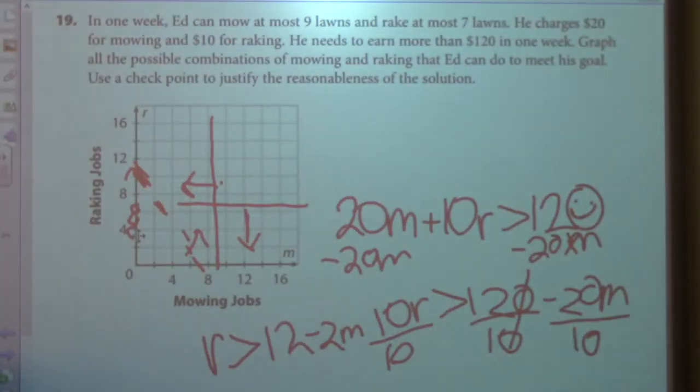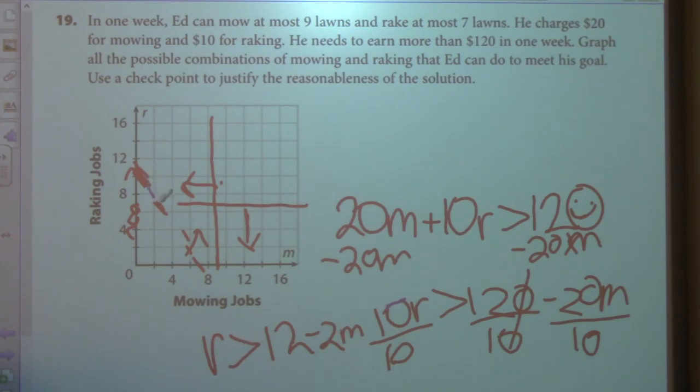Right. So she ends up with this little shape down here, right in this area. Did you see what she did on this? She set it up and solved for R, and she has R is greater than 12 minus 2M.